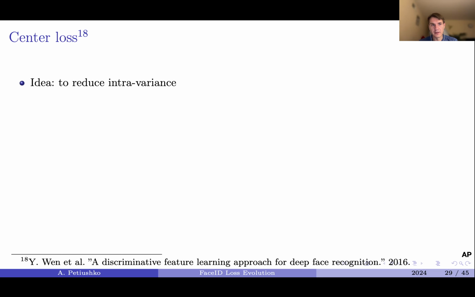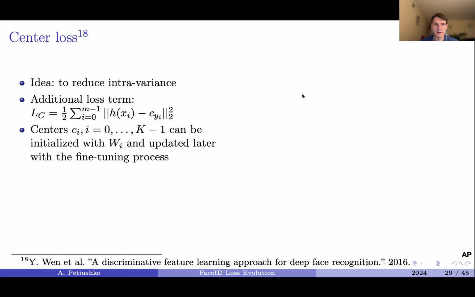Center loss. The idea here is to reduce intra-class variance, and the additional loss term here is called LC, which is 1/2 multiplied by the sum over i from 0 to m minus 1 of the squared norm of the difference h of xi minus c yi, where c yi is the centroid for the correct class of xi.